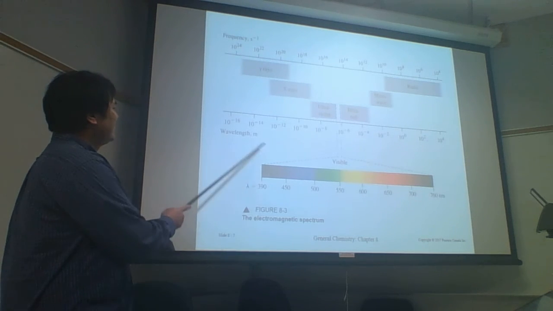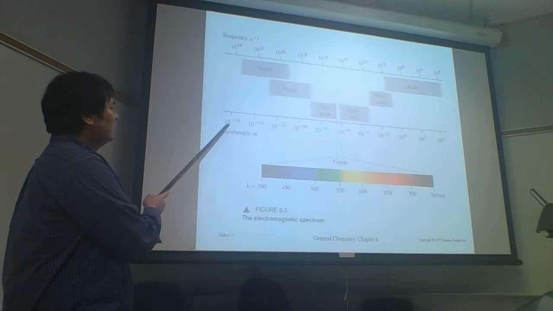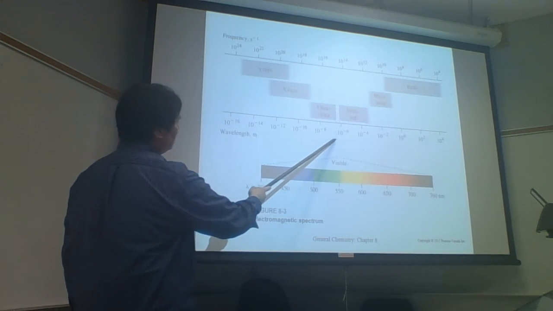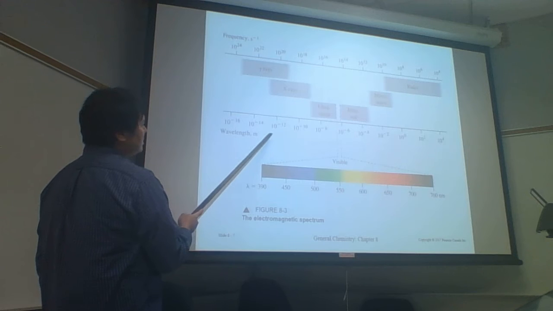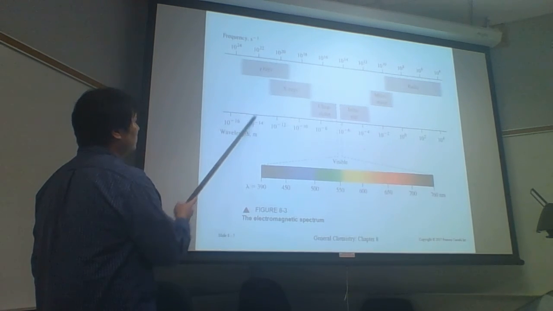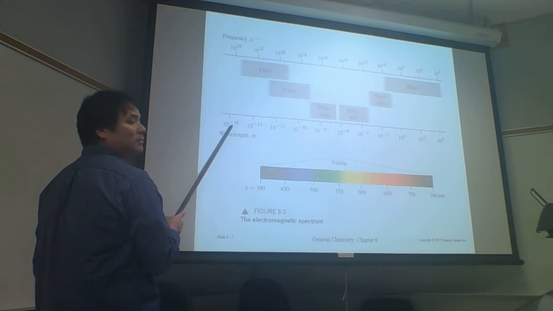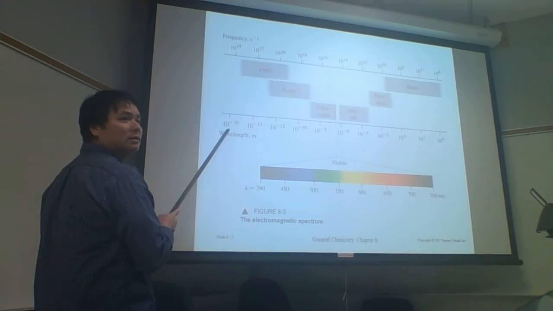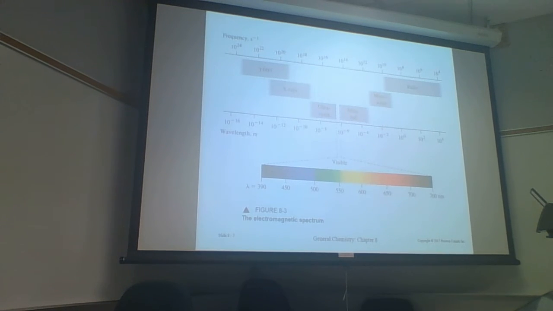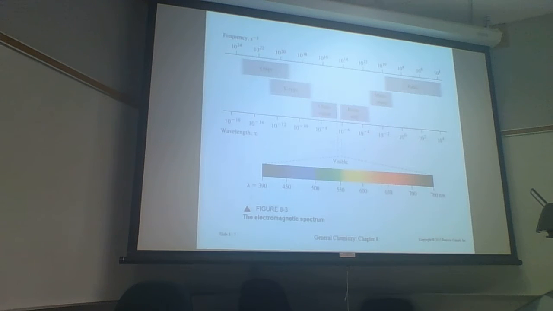What kind of light is that? When I look at this, it's 10 to the minus 31. I've got gamma rays out to about 10 to the minus 16. Now 10 to the minus 31 would be right around here.